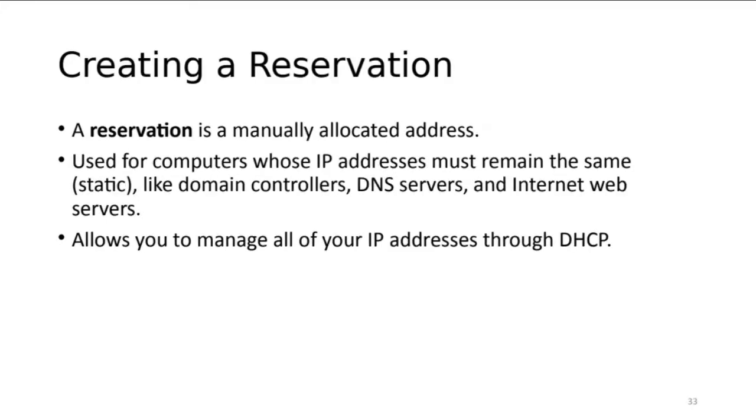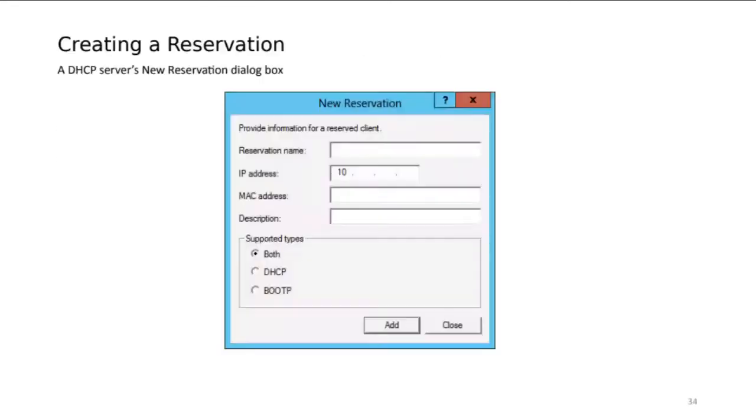That's the advantage of doing it through reservation. This is the reservation screen. If you want to create a new reservation, you put a reservation name, the IP address, and the MAC address of the machine. The supported type is both DHCP and BOOTP.